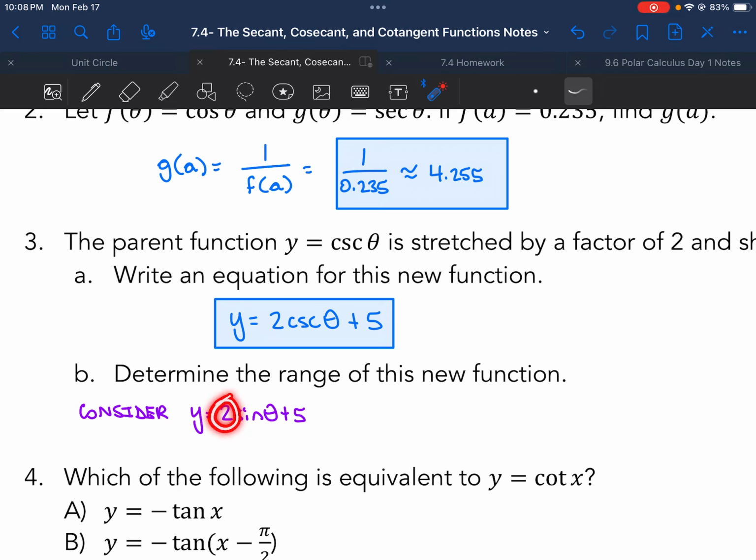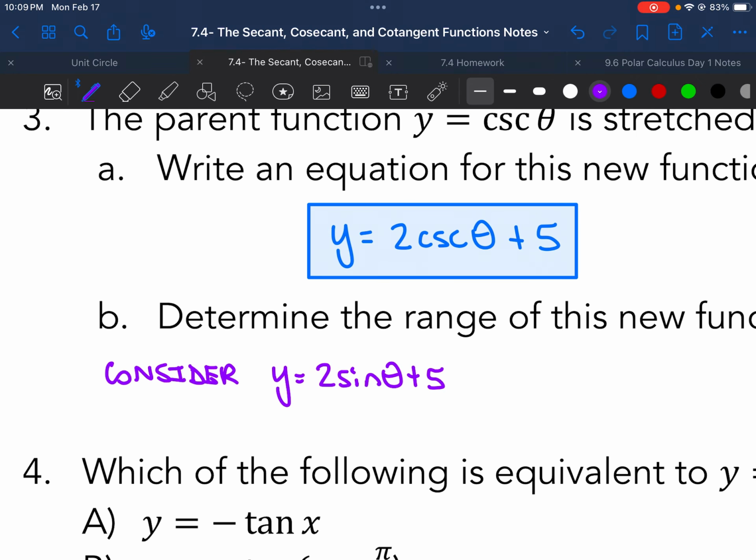Well, we know that the vertical stretch by a factor of 2 would make the range go from -1 to 1 to -2 to 2. And if we added 5, if we shifted the whole range up 5, it would change the range to be 3 to 7.